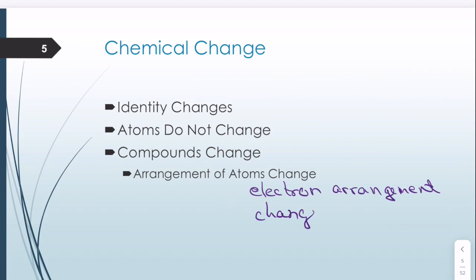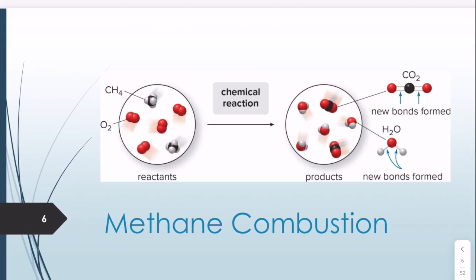And really, chemistry is a process which involves essentially the rearrangement of electrons when you get right down to it, to form different kinds of structures and different kinds of compounds. So here's an example, one which is methane combustion, and this illustration just shows that.